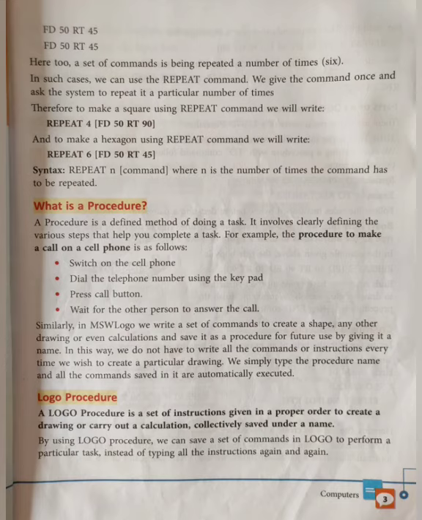Third, press the call button and wait for the other person to answer the call. So this is the procedure you have to follow to call any person. So procedure means that before going to complete a task, we have to do lots of things. This is called procedure.